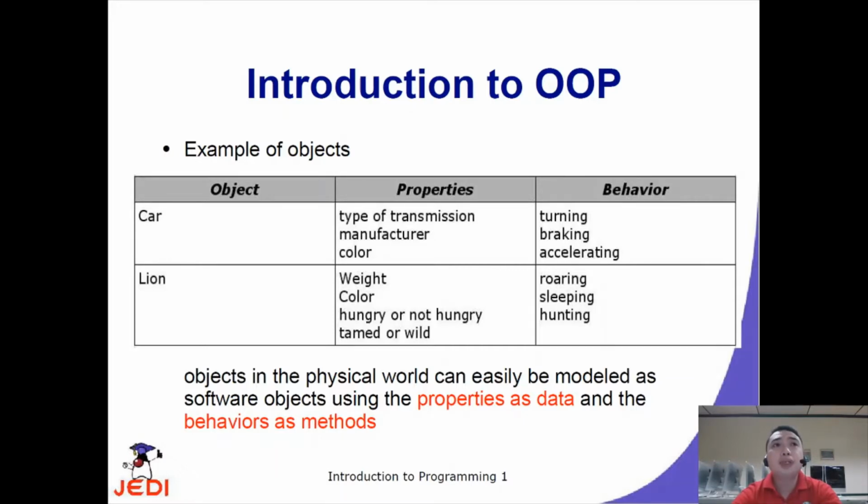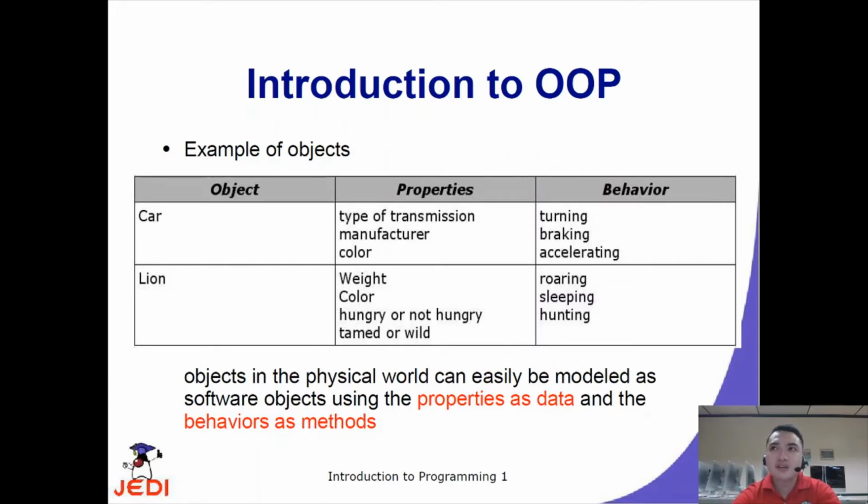When we say properties, these are basically its attributes: what color, what brand, what type of transmission. If it is a human, what color of skin, what color of hair, etc. Properties need to be assigned a value, and in the car object, these are its properties.